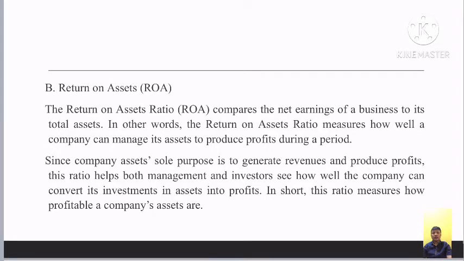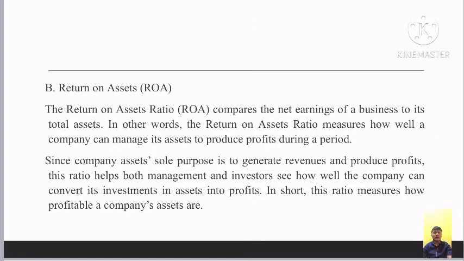The next slide is return on assets, ROA. The return on assets ratio compares the net earnings of a business to its total assets. In other words, the return on assets ratio measures how well a company can manage its assets to produce profits during a period.